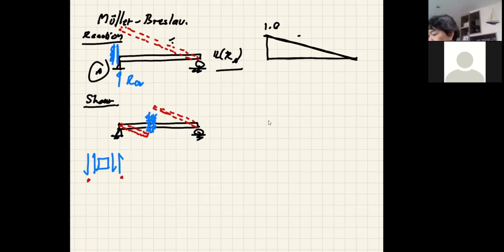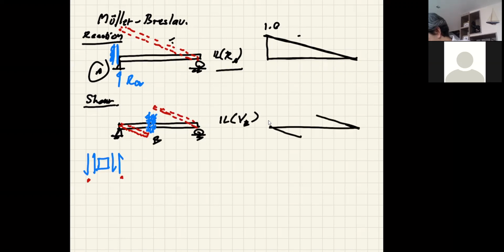That becomes the shape of the influence line of the shear. Let's call this point B. It doesn't have to be in the middle.